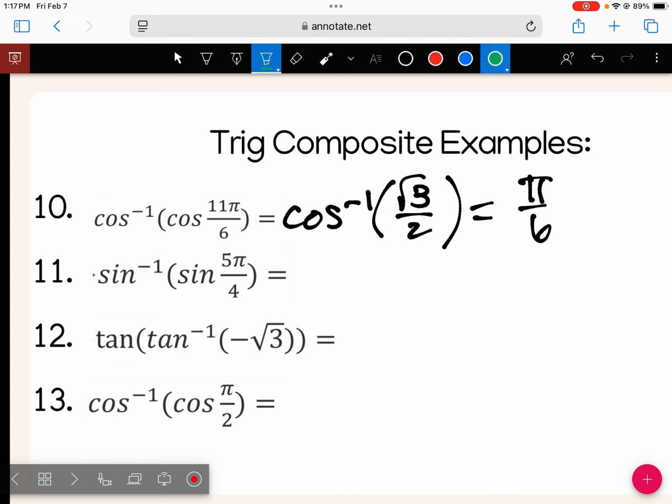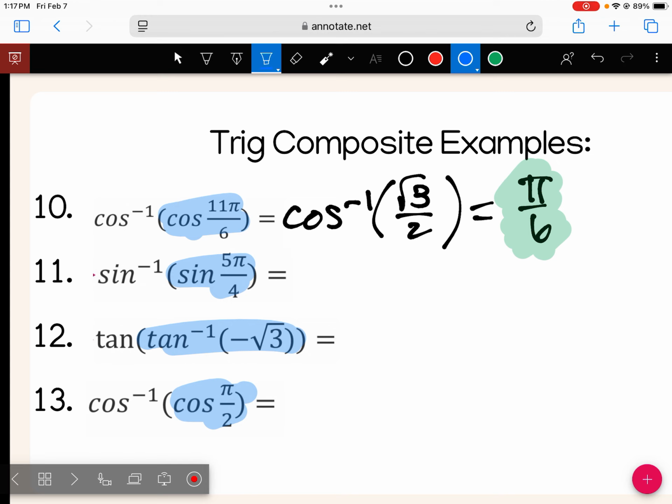So for all these functions, we have to do the inside first, right? So at cosine of 11 pi over 6, we go to 11 pi over 6 on our unit circle. We find what the cosine value was. We ended up with a positive root 3 over 2. So then within our domain, which is only quadrants 1 and 2, where is cosine root 3 over 2? It's at pi over 6. Because it's only going to occur once. There's only one right answer once you get to that.